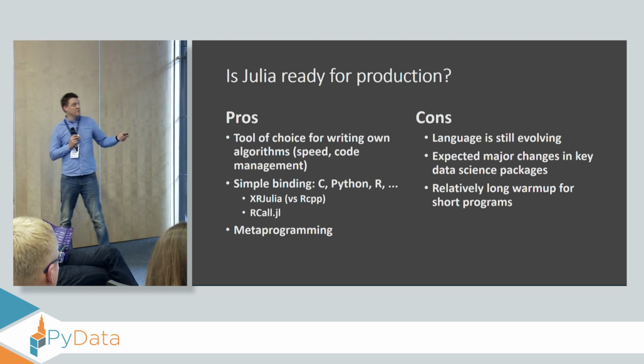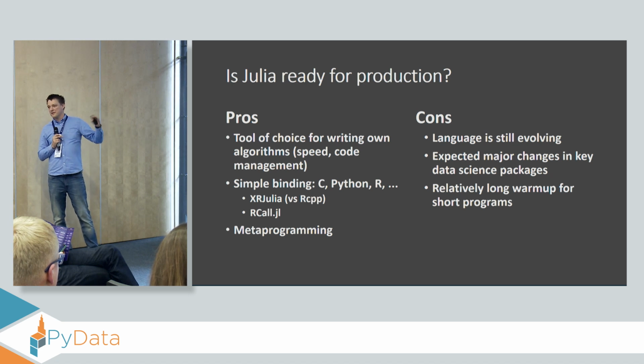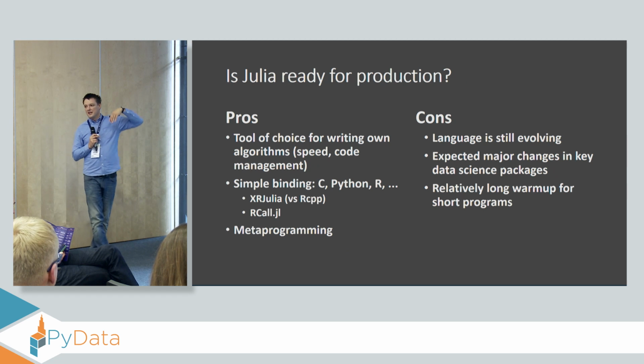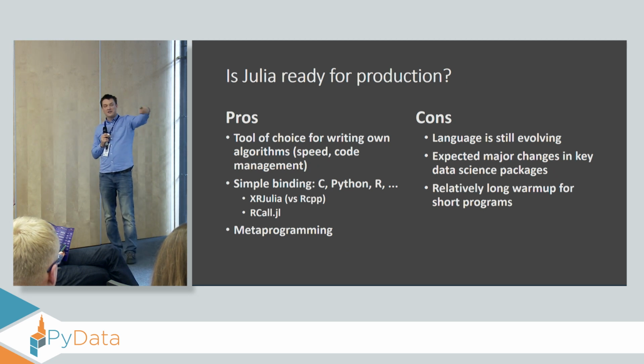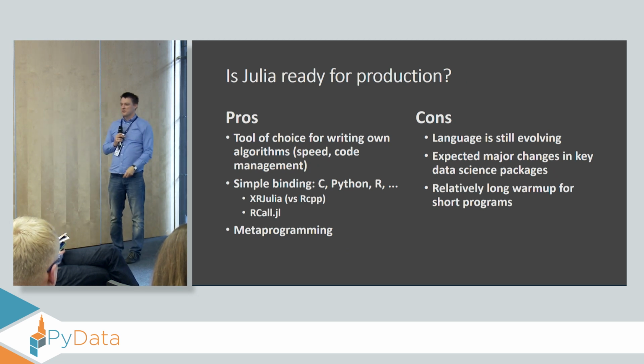If you use Numba, Julia is more or less similar to Numba. If you use Numba in Python, the first time you run a function, it has to be compiled. And the same thing is with Julia.